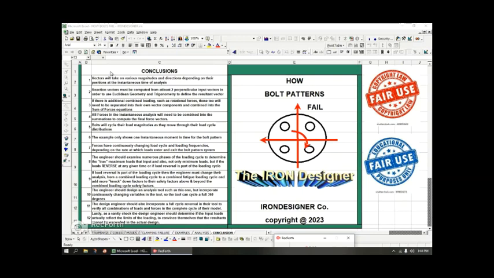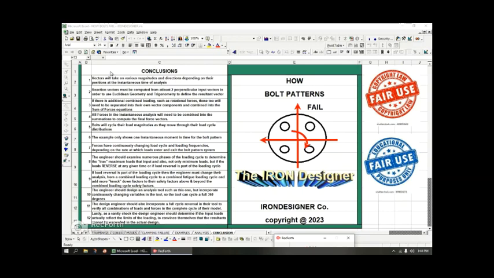Number 4, all forces in the instantaneous analysis will need to be combined into the summations to compute the final force vectors. Number 5, the bolts will cycle their load magnitudes as they move through their load cycle distribution.